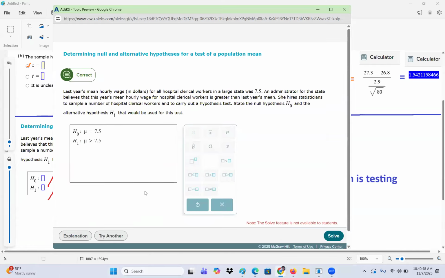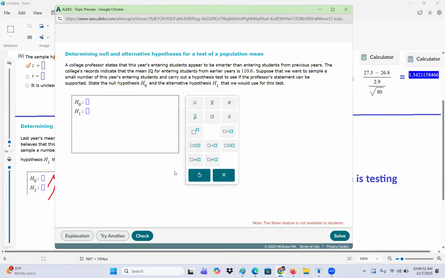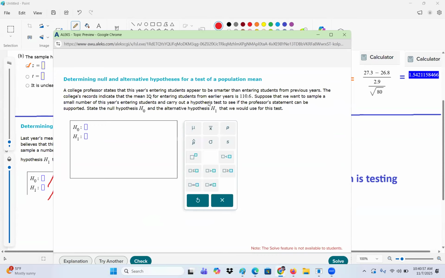Any questions? It's very straightforward. So you can try another one. Let's say, we need to read the question and see what the keyword is.